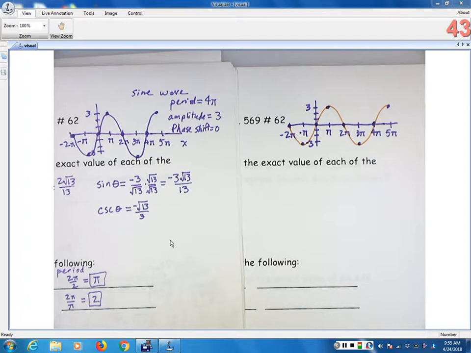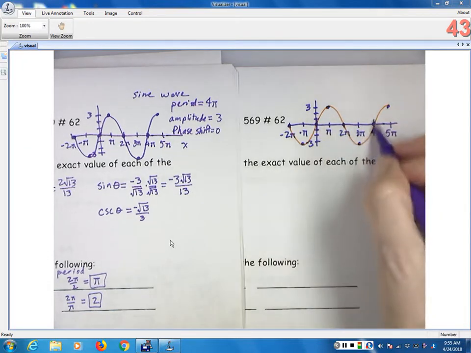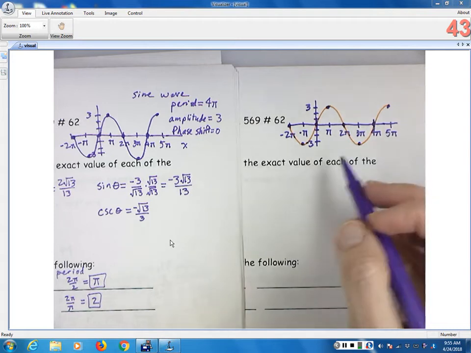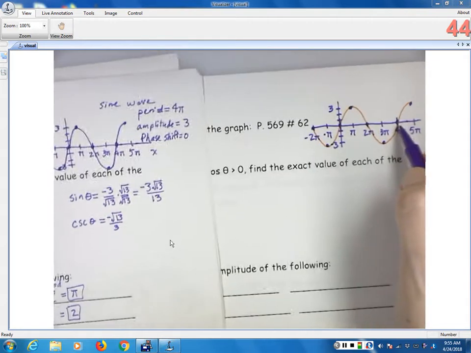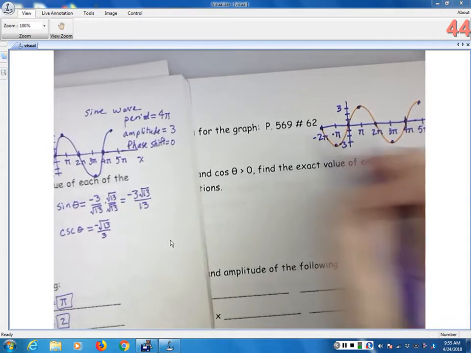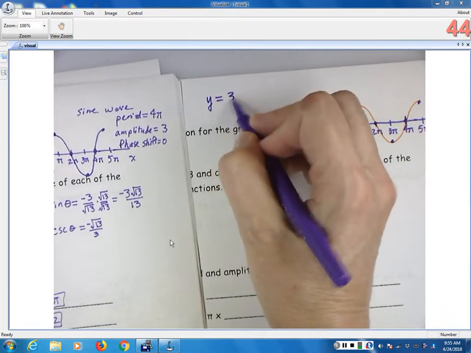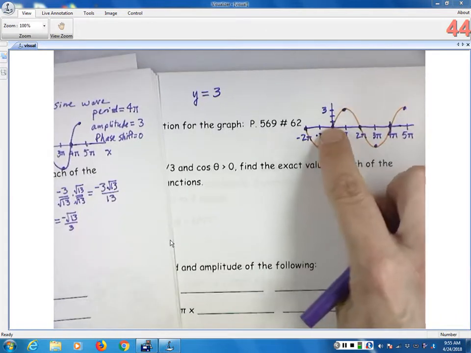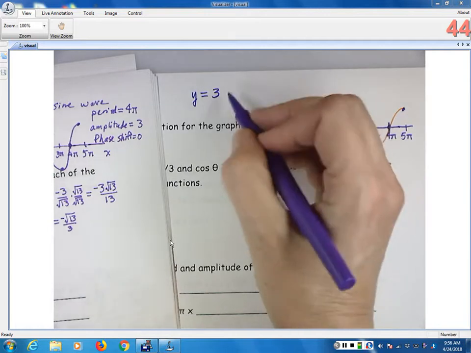What does this right here look like? The sine wave. That's a sine. So it's going to be a sine function. That's the easiest. The amplitude is 3, so A is 3, because we're starting at 0 and it's a positive sine. It's just a sine wave. 3 sine.